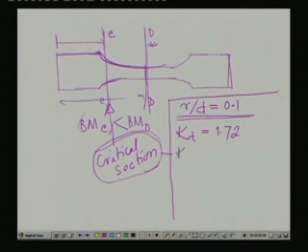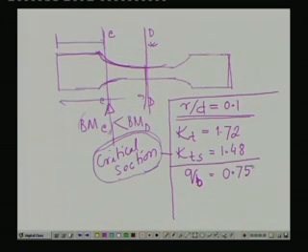Similarly, KTS, when considering the shear, we can take this value to be 1.48. In a similar manner, one can see the notch sensitivity for this situation. The notch sensitivity for bending is 0.75.